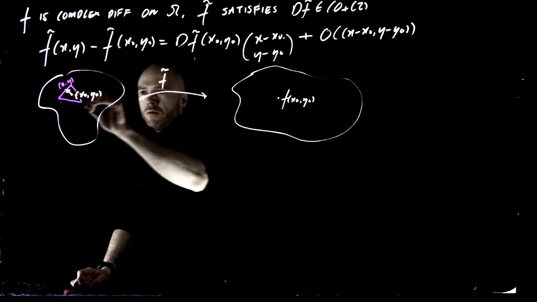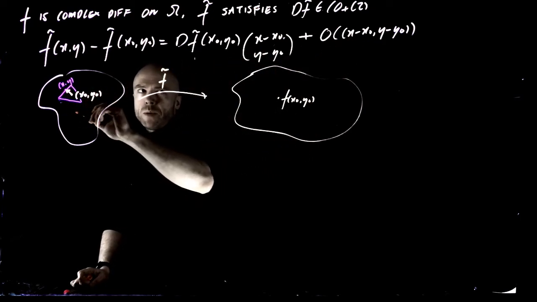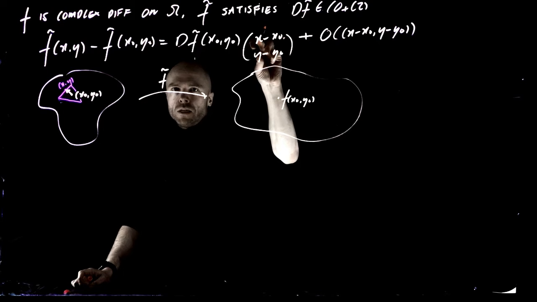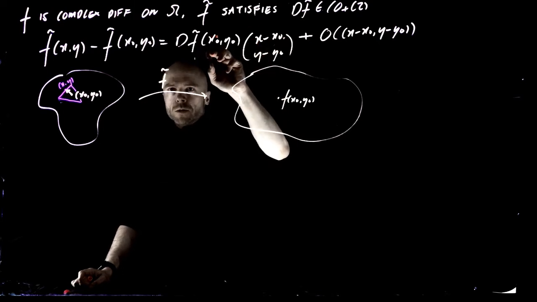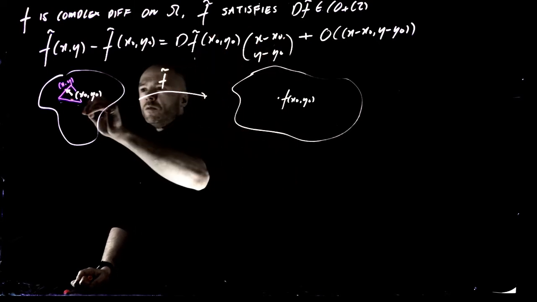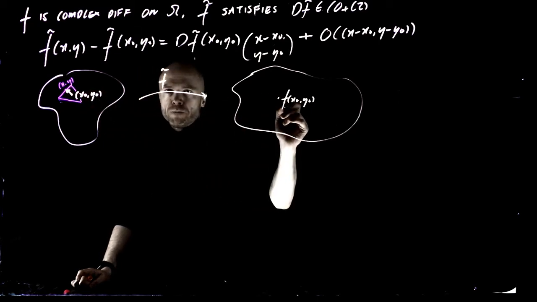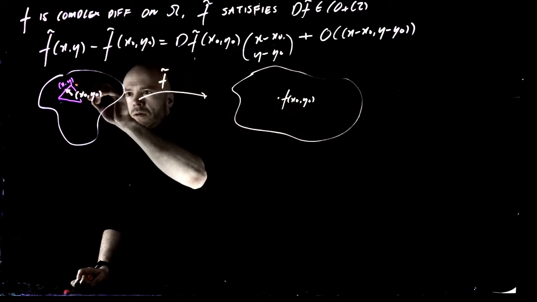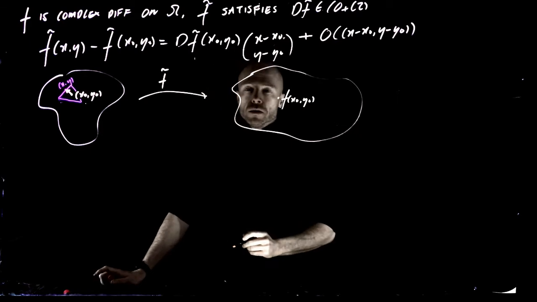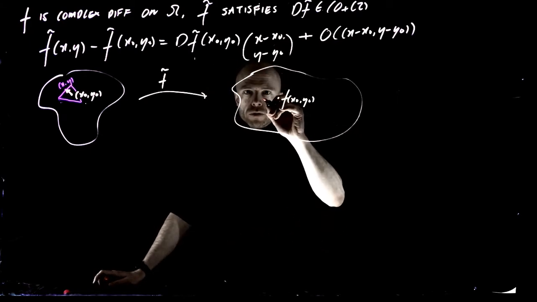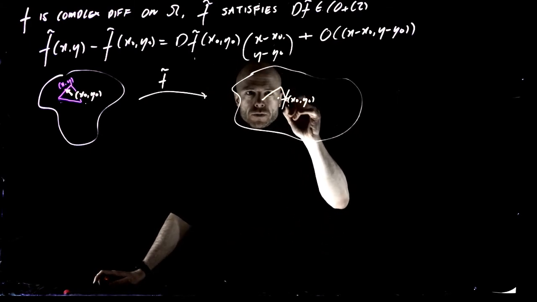Because if we move along here, it's just an affine mapping, put directly into this linear mapping, so we're just going to get an affine mapping out. As we move along the line, we just get a line. So as we move along the boundary of this triangle, we're going to have some kind of a triangle, like this.